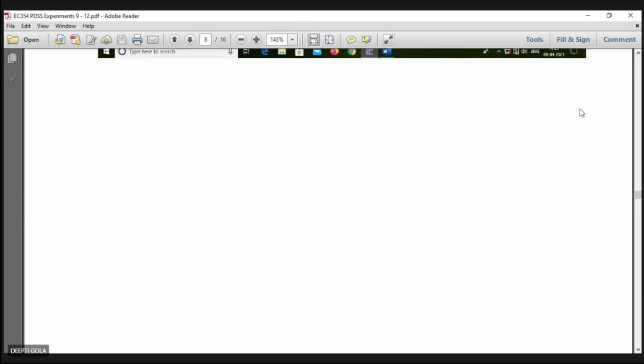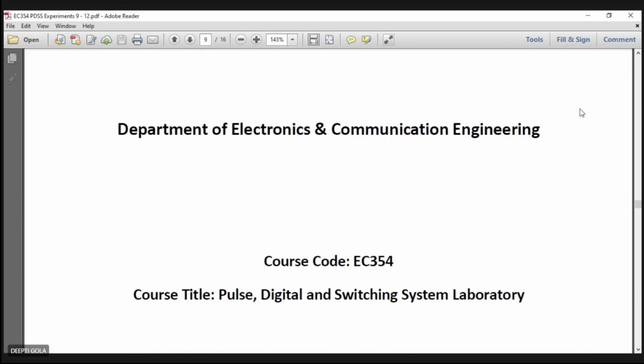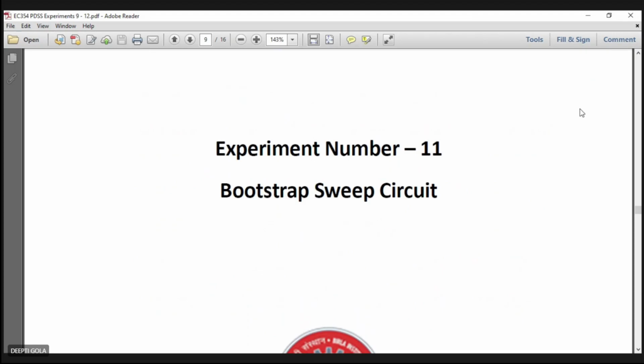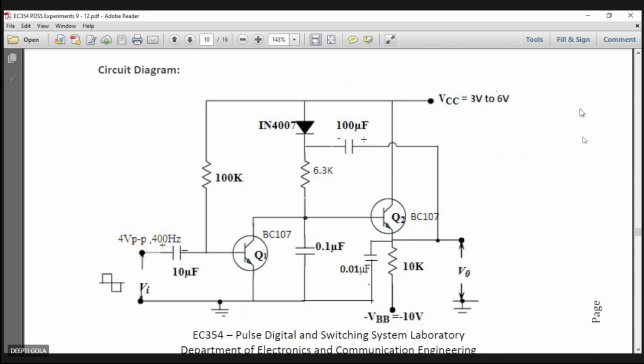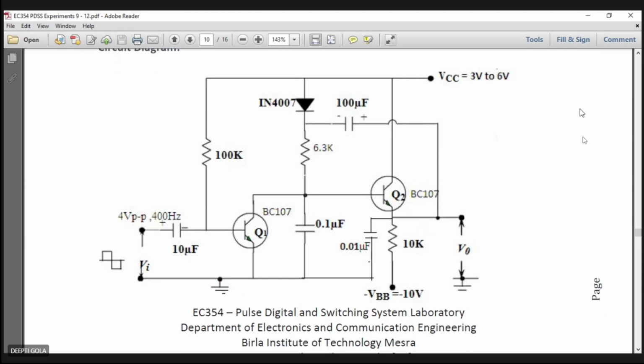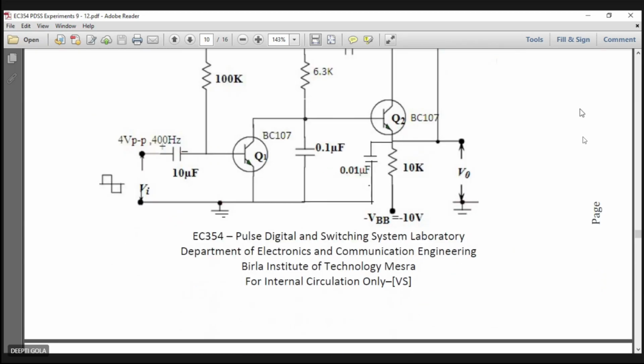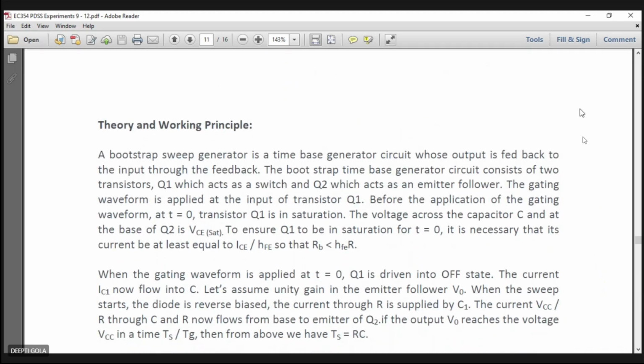Then comes experiment number 11, which is a bootstrap sweep circuit. This is also a similar time-based generator, but there is one diode which we have introduced, so the working is slightly different.